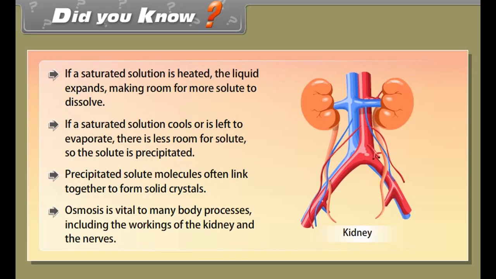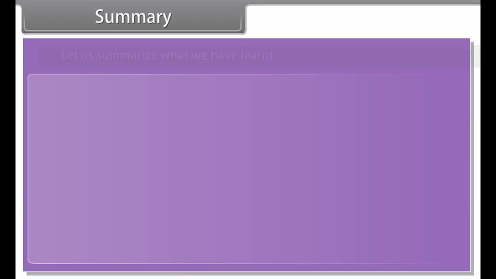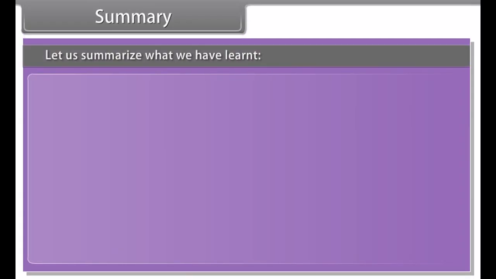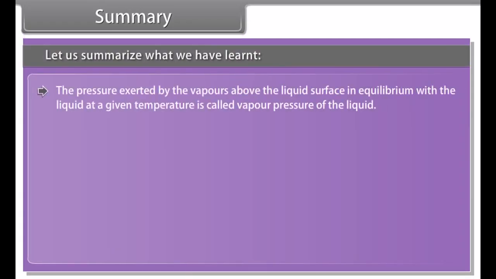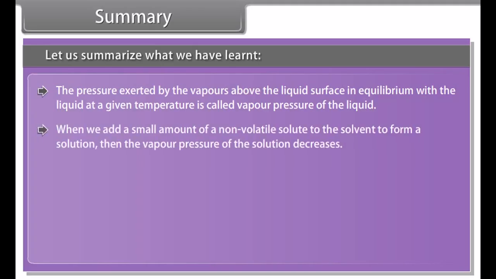Summary. Let us summarize what we have learnt. The pressure exerted by the vapors above the liquid surface in equilibrium with the liquid at a given temperature is called vapor pressure of the liquid. When we add a small amount of non-volatile solute to the solvent to form a solution, the vapor pressure of the solution decreases.